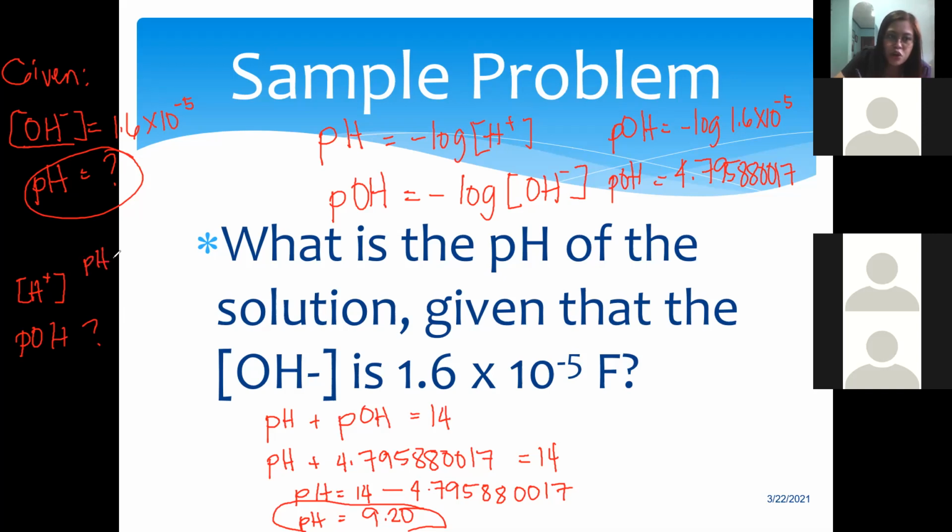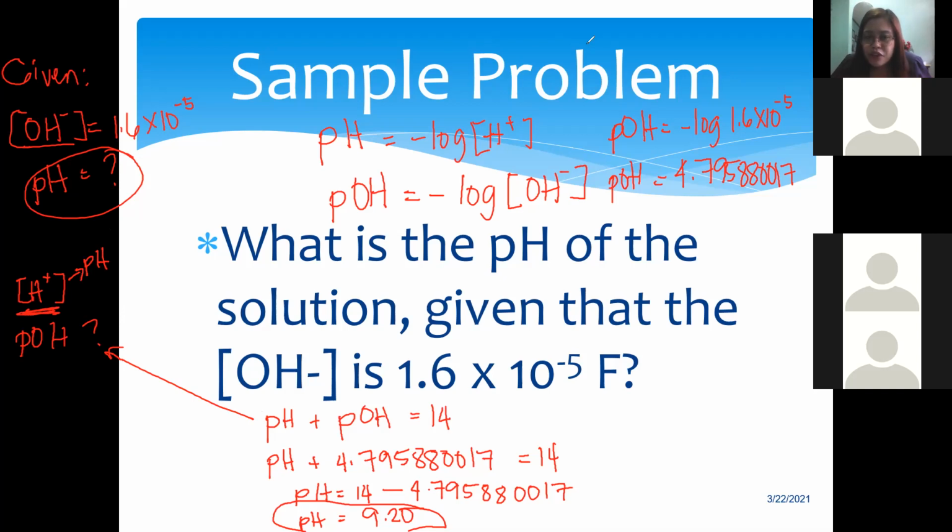First, you look for the pH using this given, and then using this formula, you look for the pOH. So I hope that is clear, class. Questions? Questions so far? Wala? Kaya?